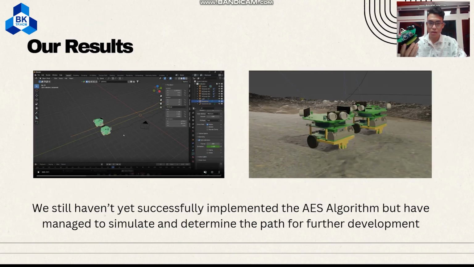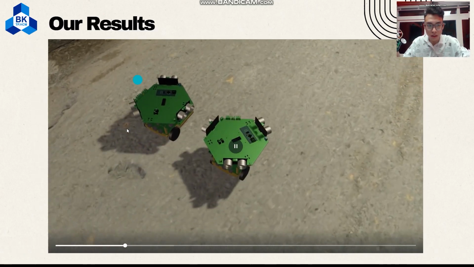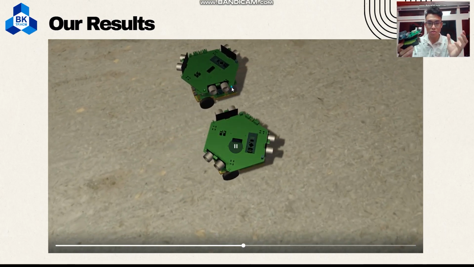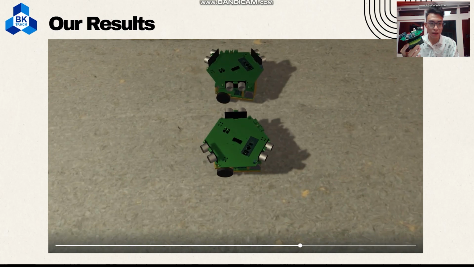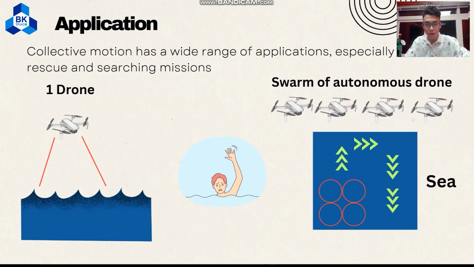So as I said earlier, we haven't yet implemented the algorithm on this robot, but we have managed to come up with this little simulation that I think you will understand. Here, the robots will try everything they can to maintain a fixed distance from each other.